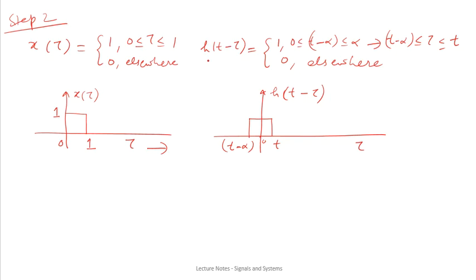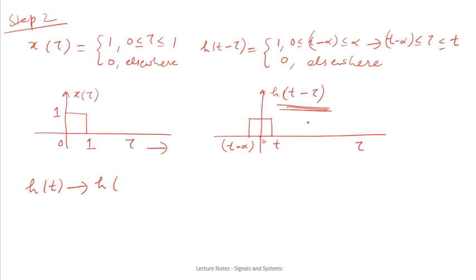You can also obtain this waveform of h(t minus tau) from h(t). That has already been explained in the last problem, but I will explain it again.